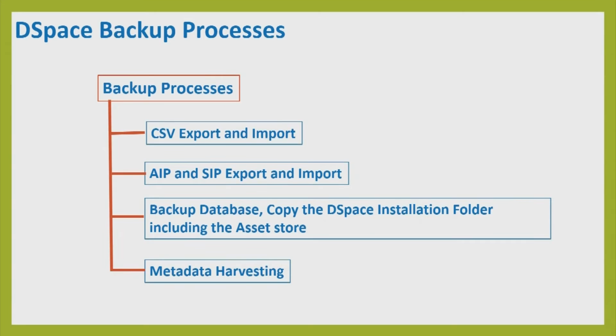You can copy that installation folder including the asset store. Generally the DSpace installation folder contains the asset store, but many times the server is configured in such a way that the asset store is kept in another drive, and the rest of the installation folder is present in one place.